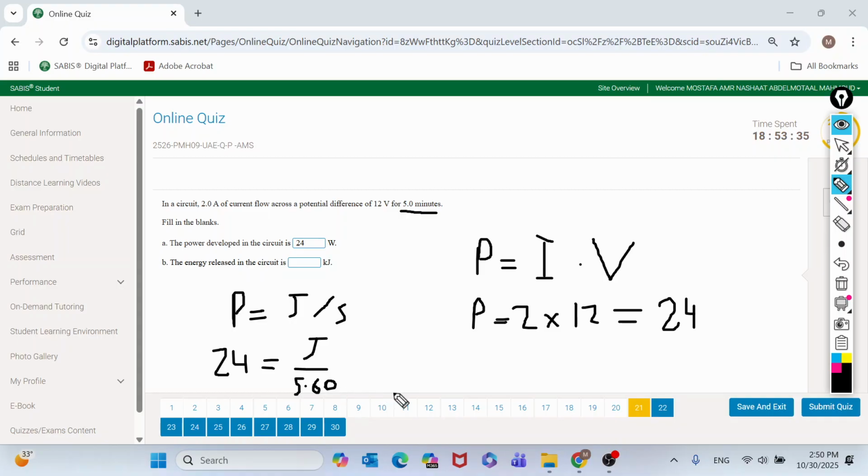So also just put it on your calculator, shift solve. 24 equals x over 5 times 60. 7,200. So you divide by 1,000 to get 7.2 kilojoules.